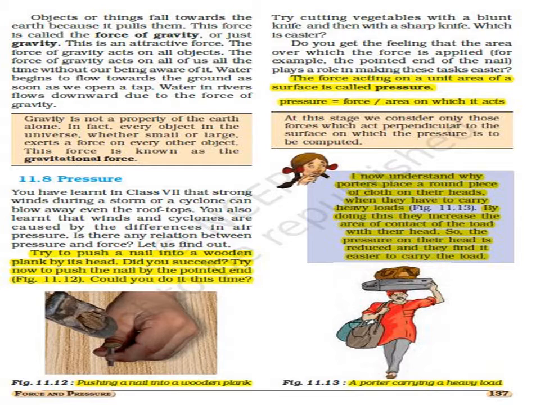In your daily life, you have seen that when we try to push a nail into a wooden plank by its head, we cannot succeed. But if we try to push the nail by the pointed end, we succeed, because the surface area of the pointed end is small as compared to that of the head of the nail.